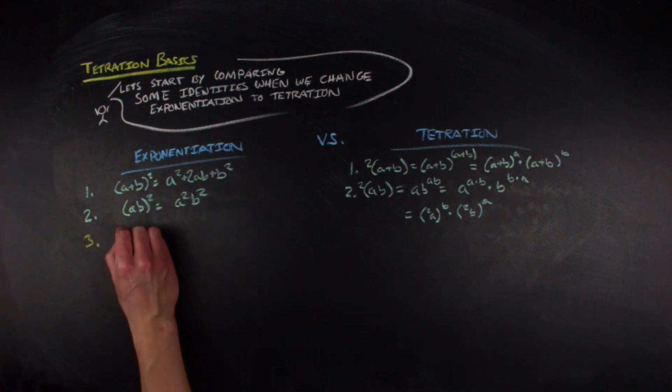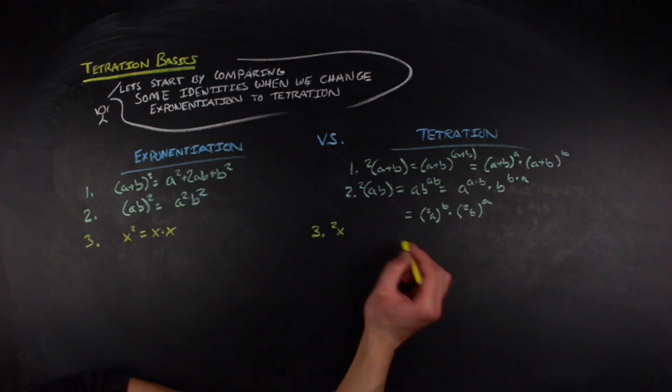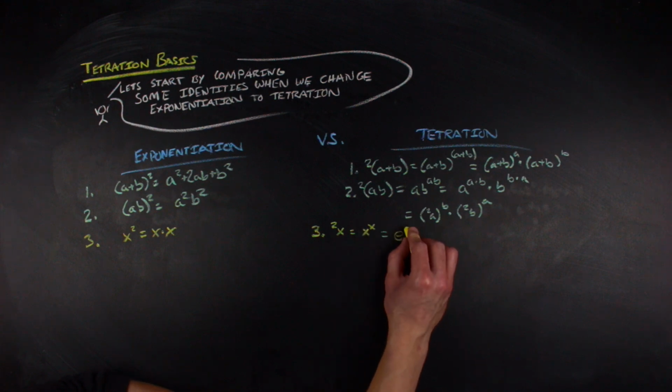The next one here seems kind of stupid, but I think it's really cool, because even though there's not really a comparison between the two, the tetration formula gives you a way of expressing a particularly not fun function to deal with in terms of hyperbolic sines and hyperbolic cosines, which are essentially just exponential powers. So if you just take x squared, then you're just doing x times x. But when we move over to the tetration case, you can do a little bit more. x tetrated to the height of 2 is going to be x to the x power.